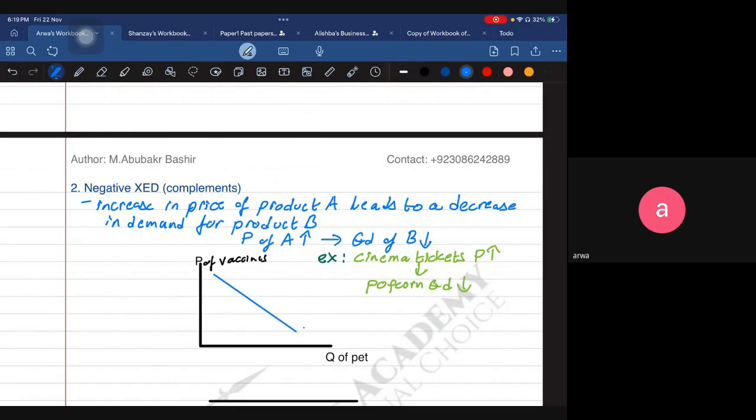So this is demand. If the price is let's say somewhere here, and the quantity demanded is here, if the price will increase, the quantity demanded will fall, right?